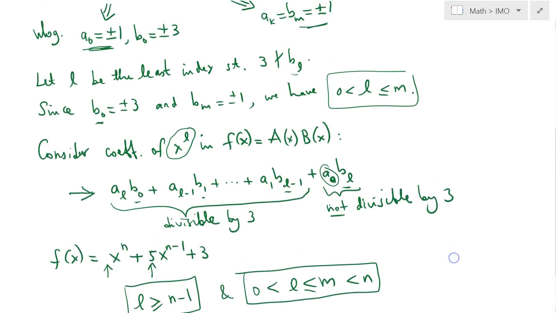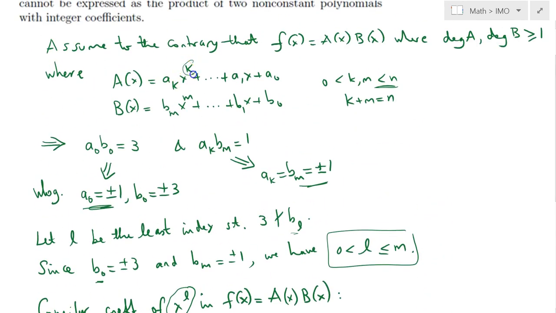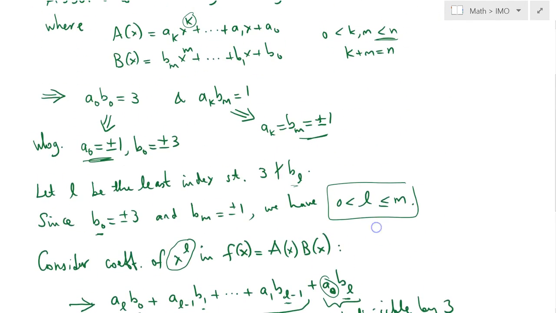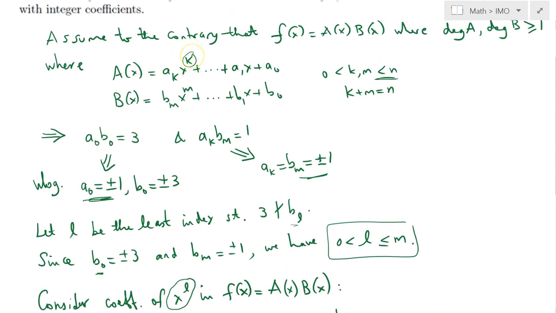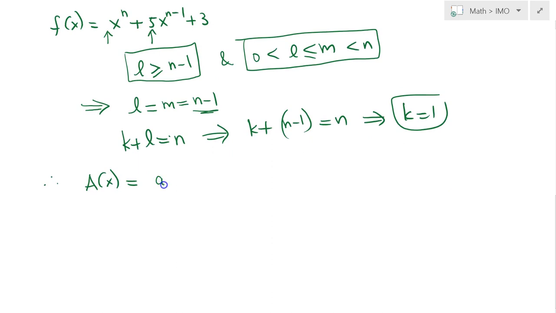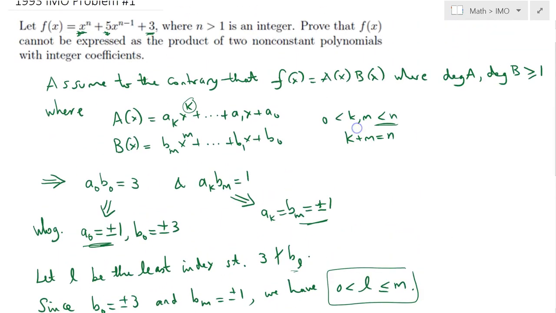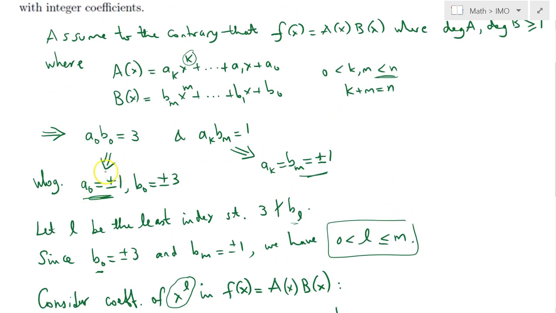But k is the degree of the polynomial a of x, right? So a of x is simply equal to, because now we have that k is equal to 1, a sub 1 x plus a sub 0, that's it. But early on we already made notes about the leading coefficient and the constant term for a of x. If you remember, the constant term was 1 or negative 1, and the leading coefficient was also 1 or negative 1.